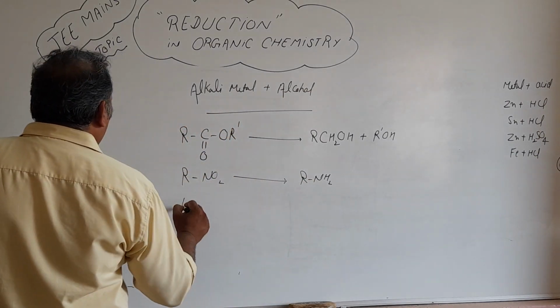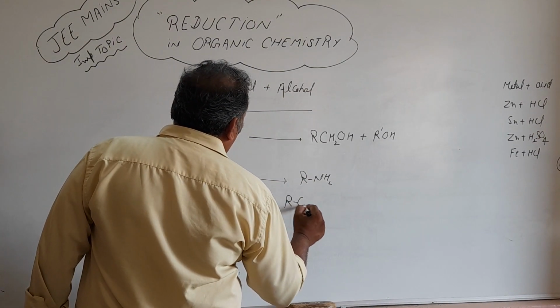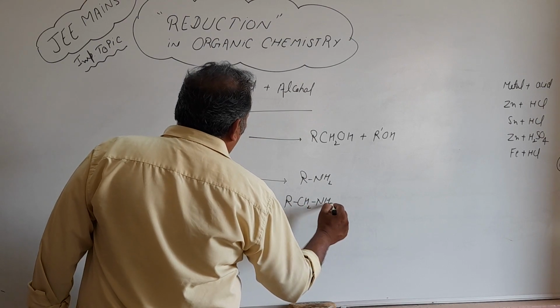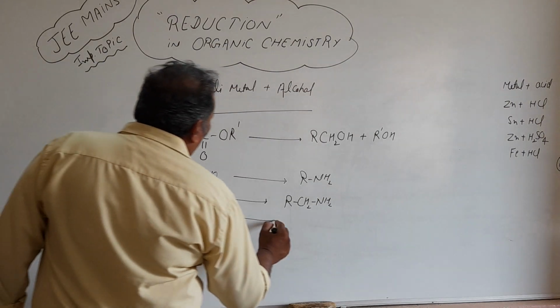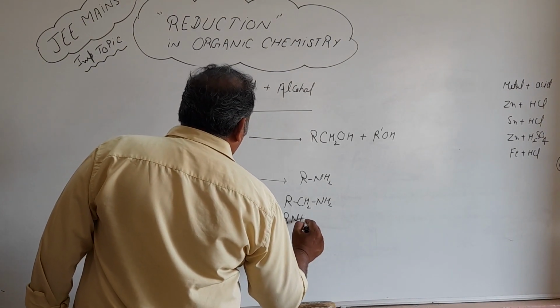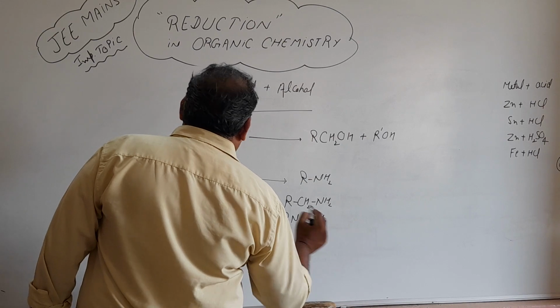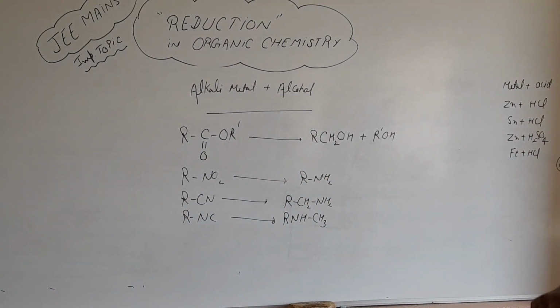They can also reduce cyanide into 1 degree amine, RCH2NH2. They can also reduce isocyanide into 2 degree amine. Yes, that is our product.